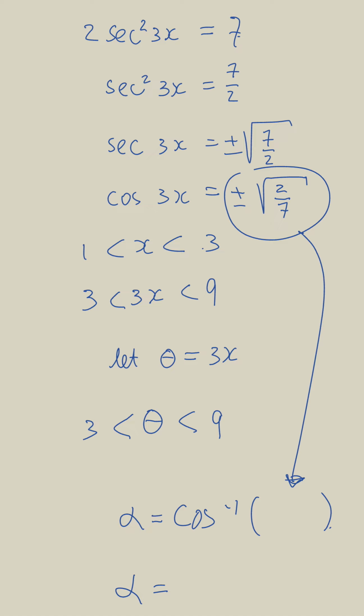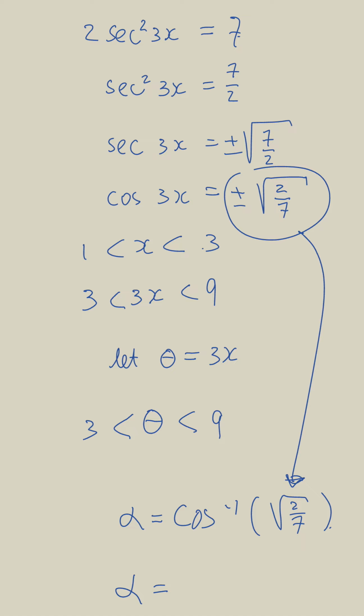So we just put the positive value, root 2 over 7. So always put the positive value when you try to get the value of alpha, because alpha is between 0 to 90 degrees only.